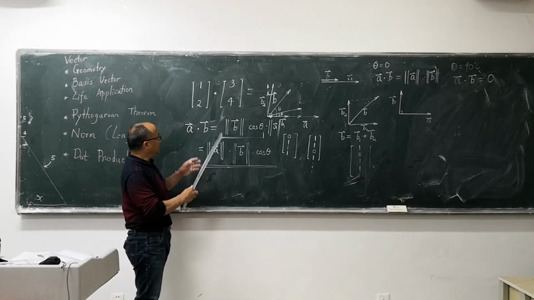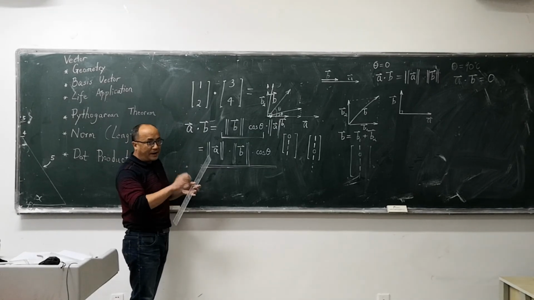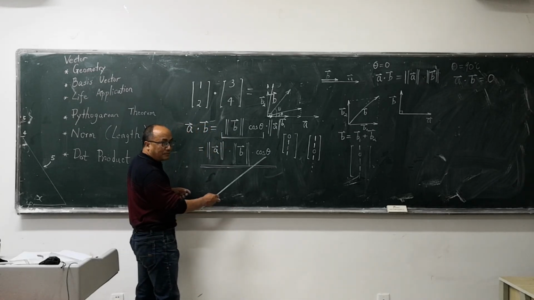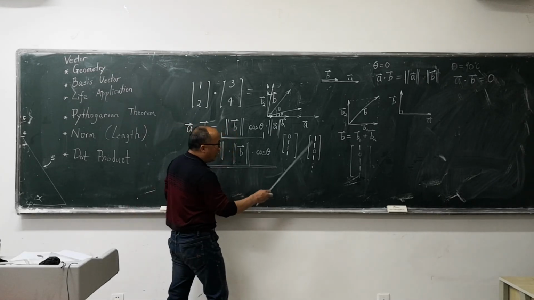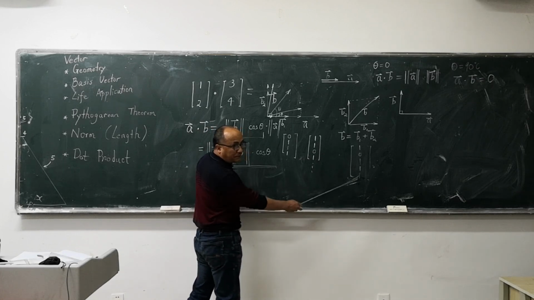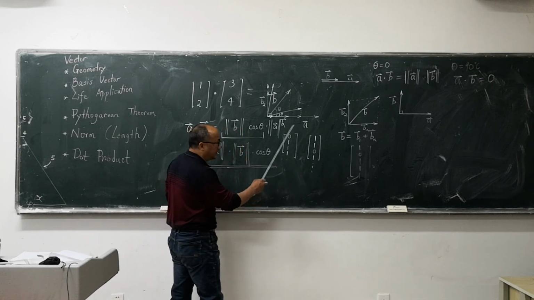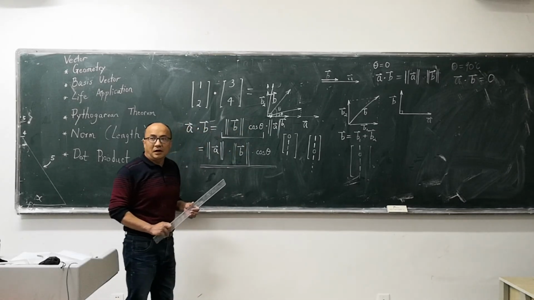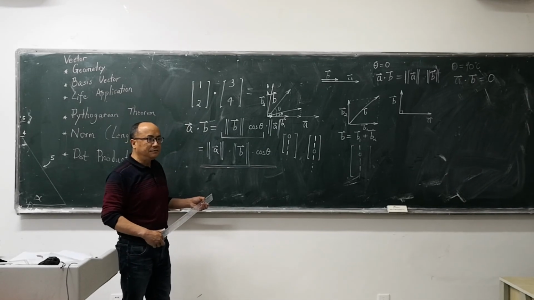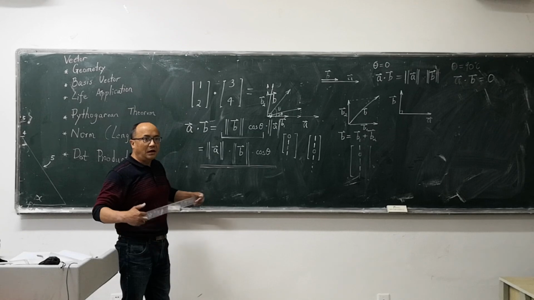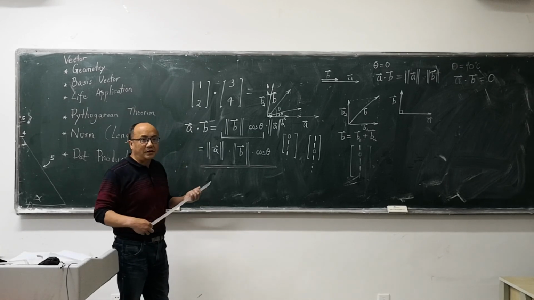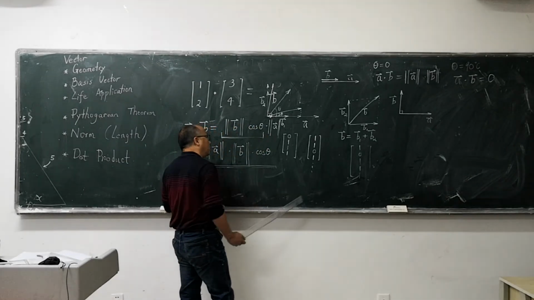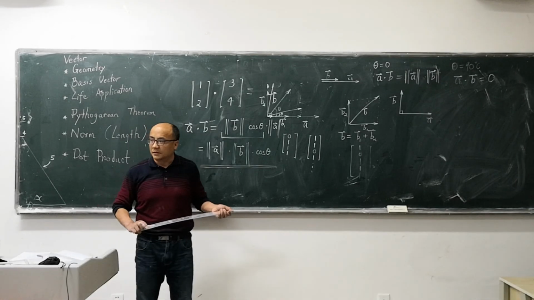You don't even do it by hand. The computer immediately does it for you. Let's say there are 1,000 in the database. They find the largest dot product, and they say, oh, we recommend this girl, she is similar to you.